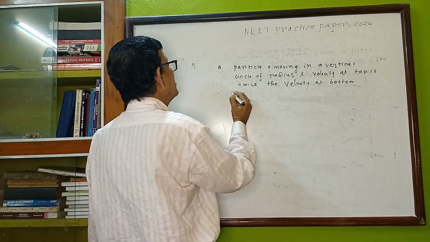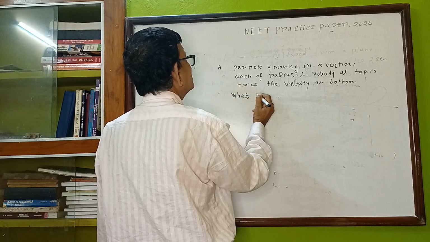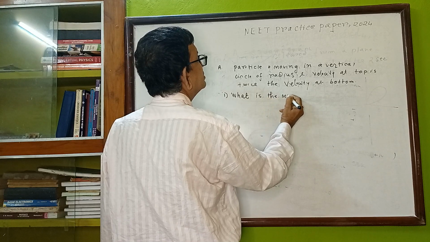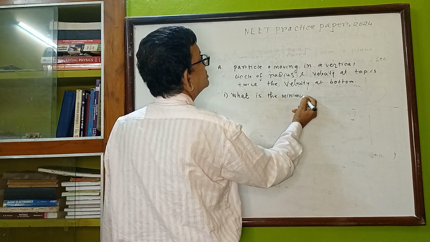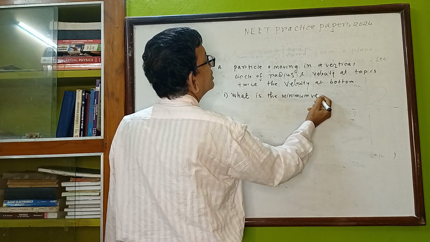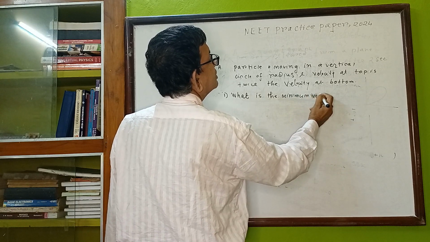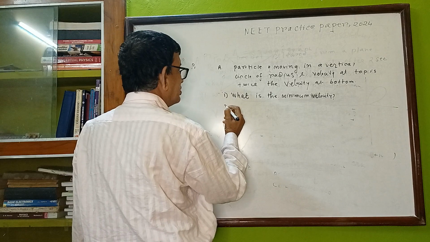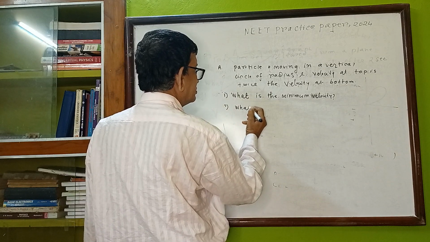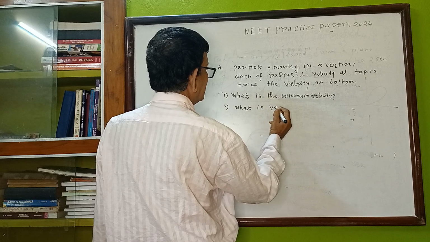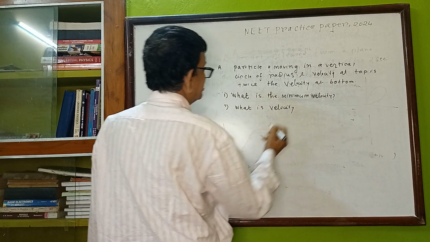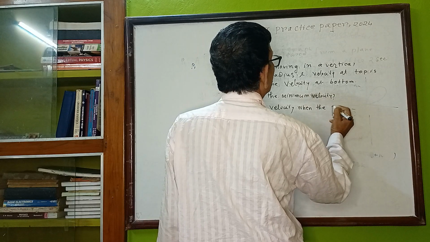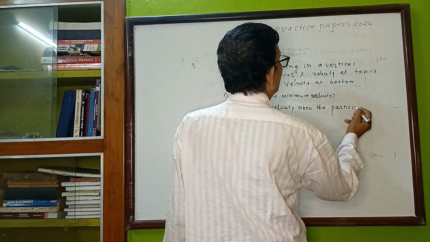Clear? Then question number 1: what is the minimum velocity? Question number 2: what is the velocity when the particle is going downward?